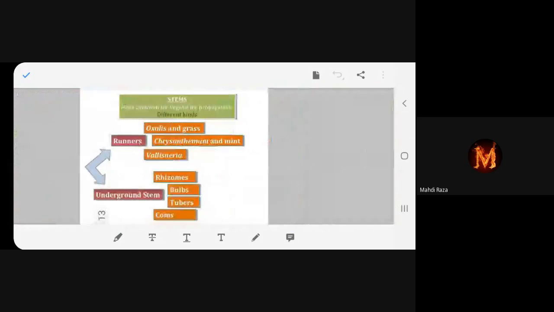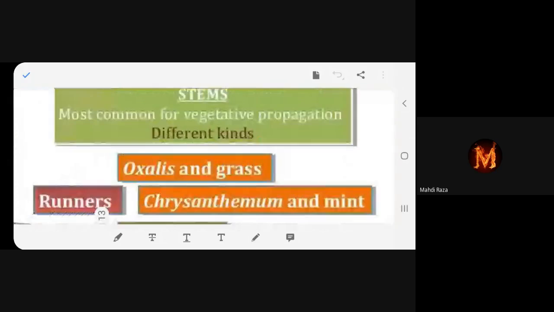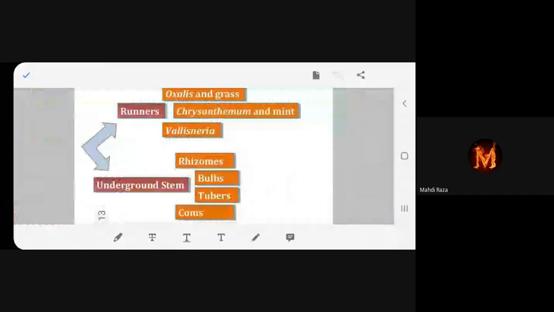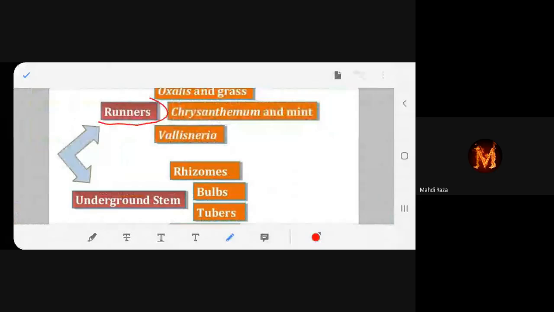Now we come to stems. We take stems for vegetative propagation. There are different types of stems. One is runner, and the other one is underground stem. In runners, for example, this is a grass.